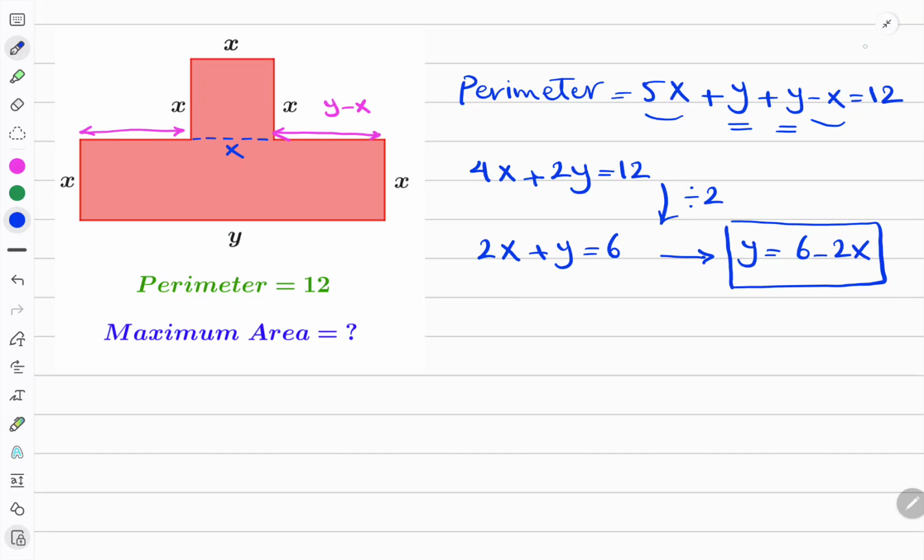So far, so good. And now I'm going to write the total area of this figure. I just want to split this figure into two pieces. The first part is a square, which is the top of this figure. I'm going to call this A1, the area of the square, plus A2, which is the area of a rectangle.